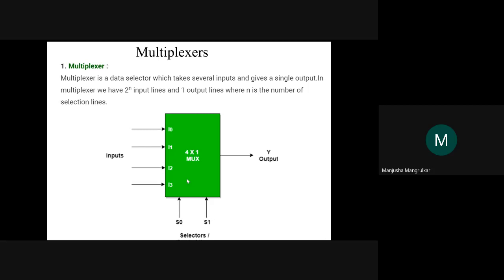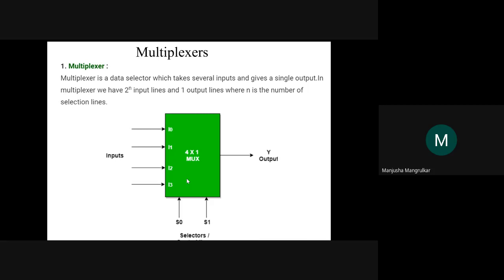So n number of inputs in a multiplexer, only a single output, and those n inputs will be selected by the selector lines, to decide which input data will be represented as it is in the output line, right?